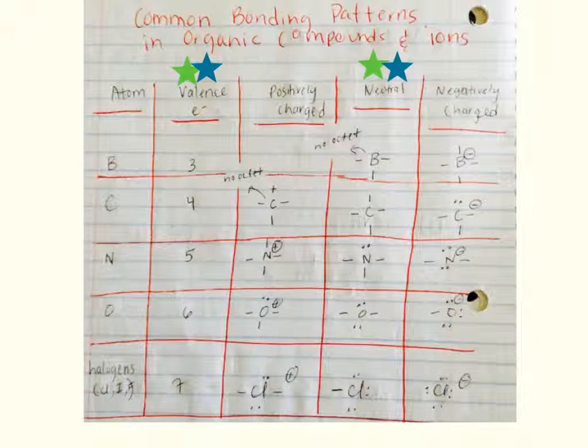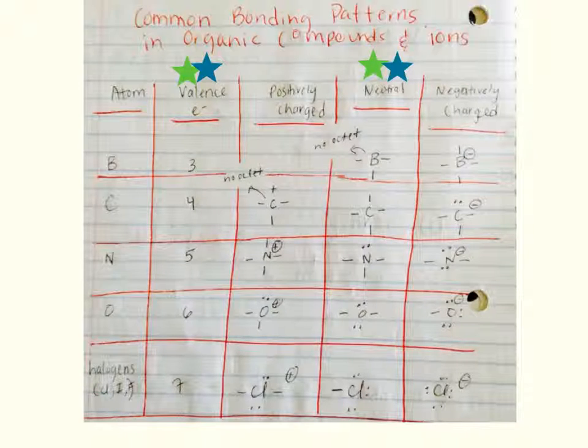This is something from my notebook. This chart really helped me to learn some of the common bonding patterns that you should know in organic chemistry, in both 1 and 2. So what you really want to focus on is the valence electrons of common atoms, and then the neutral structure.